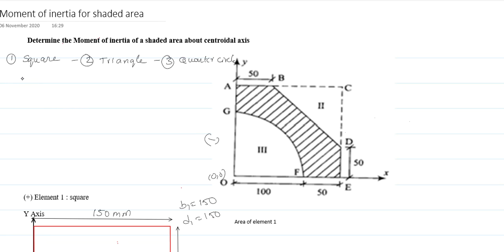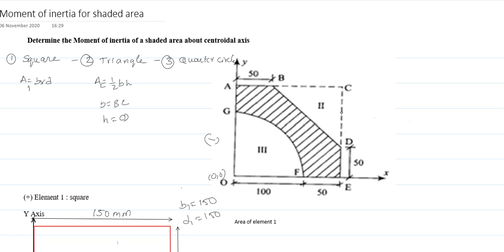So first of all you must know the following formulas before going to solve the problem. Number 1, area of square, that is A1, is equal to base into depth, so both are equal, b square or d square. And area of triangle, A2, is equal to half into base into H. So here the base is BC, where B is equal to BC, H is equal to CD.